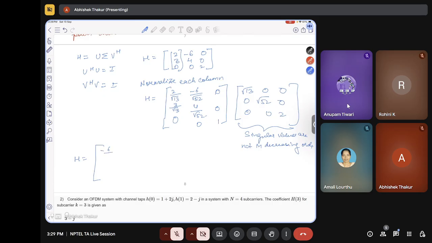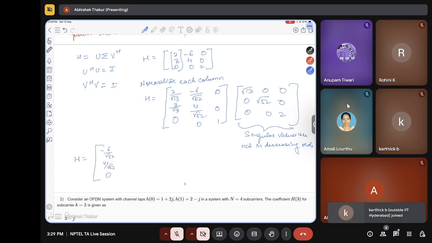So we will get minus 6 by square root of 52. We are just using the properties of matrices. So now we have to exchange the two rows here. So we will exchange row 1 with row 2. Again the multiplication will be the same.